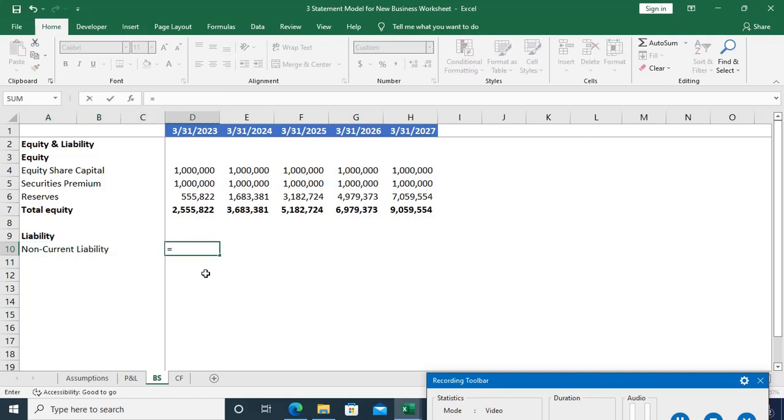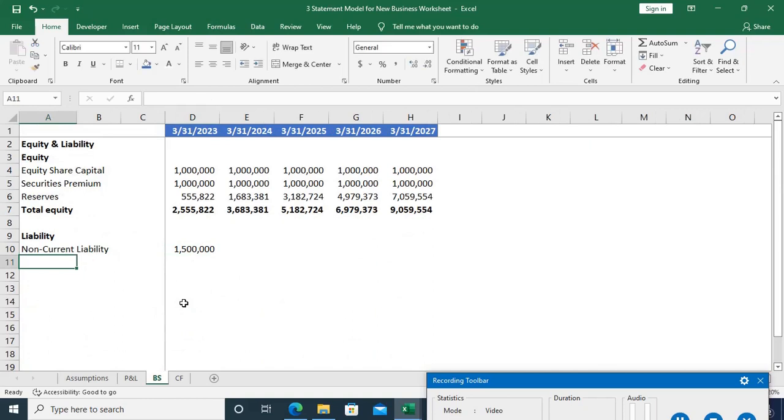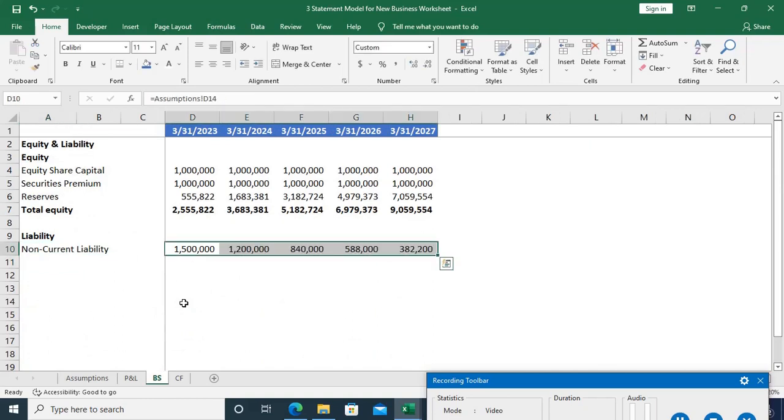In the non-current liability you had the debt schedule, and the closing balance of that debt schedule, you can put it here.